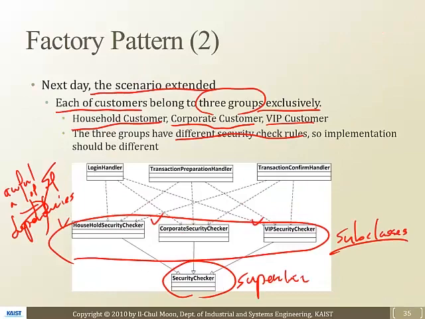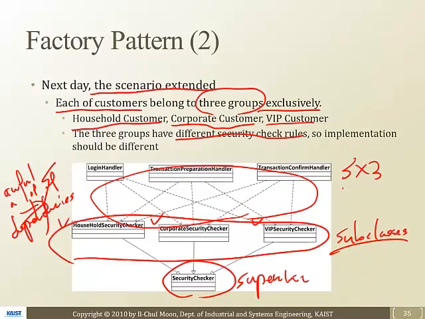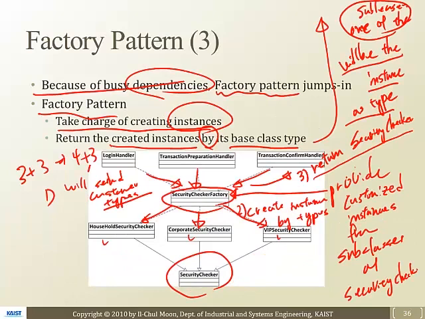In the previous case, we have too many: 3 by 3, right? This time we have 3 plus 3. And if the number changes, it's going to be 4 plus 3. Before, it would be 4 multiplied by 3: 12 and 7. That's the power of the factory pattern, right?